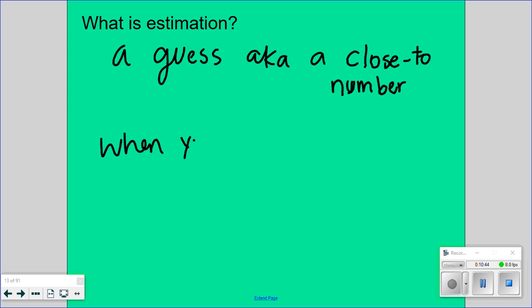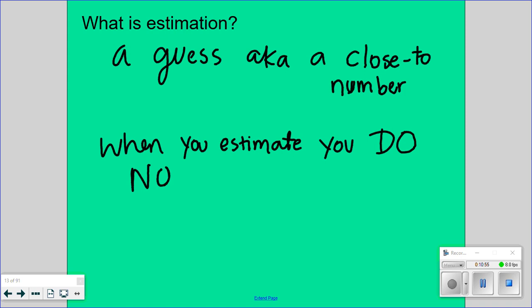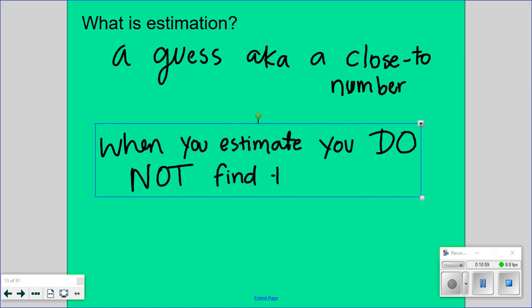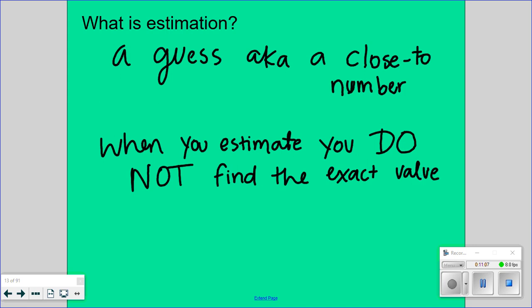When you estimate, you do not find the exact value. Kind of like predicting. So you do not find the exact value.